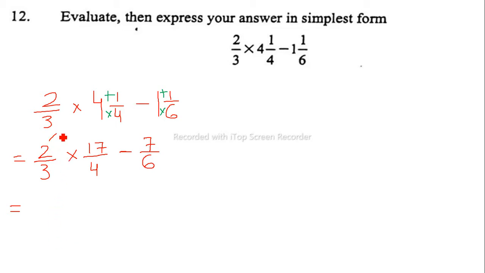So we multiply the 2 by the 17 to give us 34. And we multiply the 3 by the 4 to give us what? 12. And so we have minus 7 over 6.